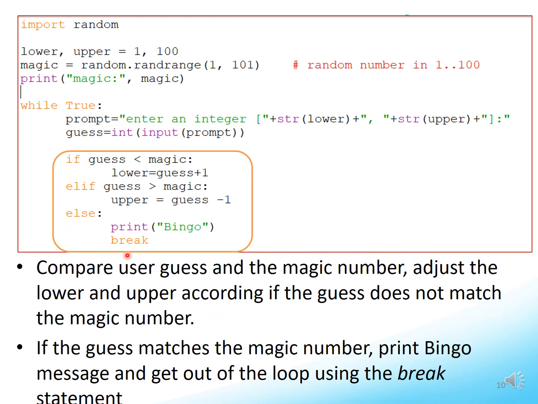The next statement is a nested if statement. It compares the user guess with the magic number to see whether the guess is less than the magic number or greater than the magic number, and adjusts the lower bound and upper bound accordingly.